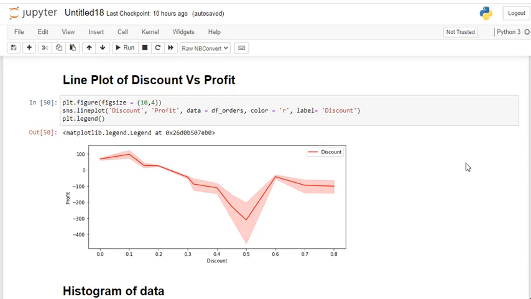Next, line plot of discount versus profit. Here is a very important thing: whether the profit is correlated with the discount, because already we have seen that there is a negative correlation between the two variables.